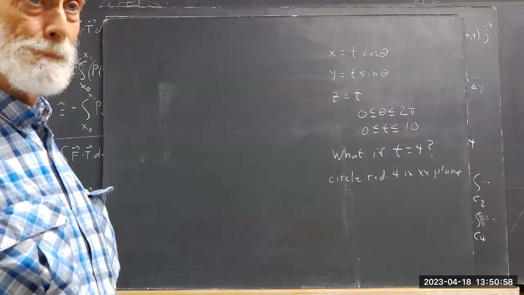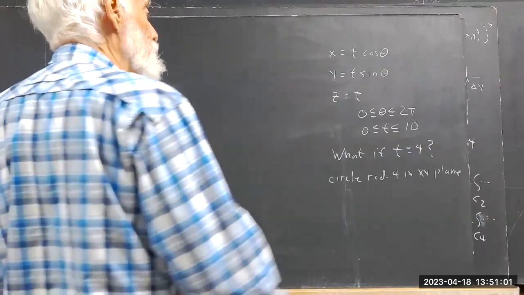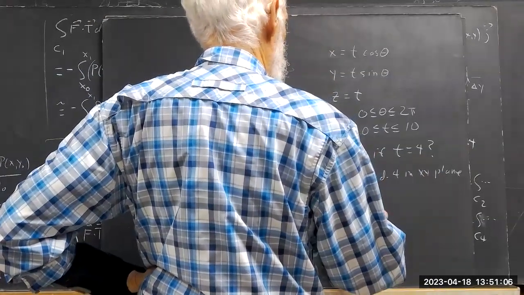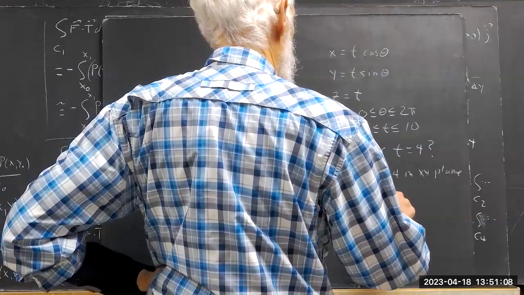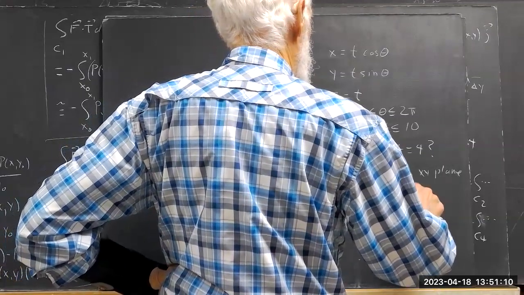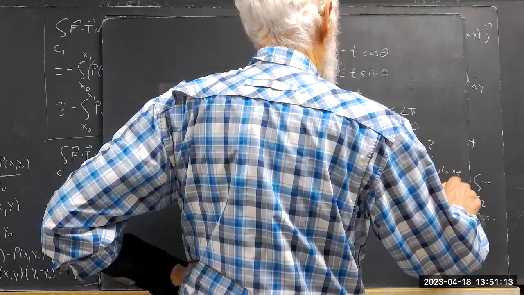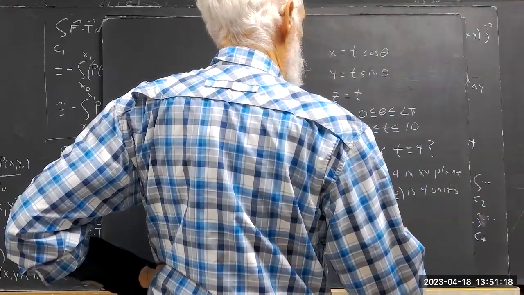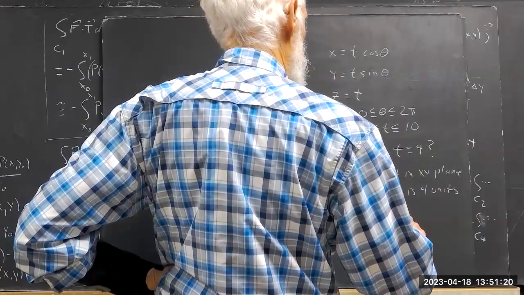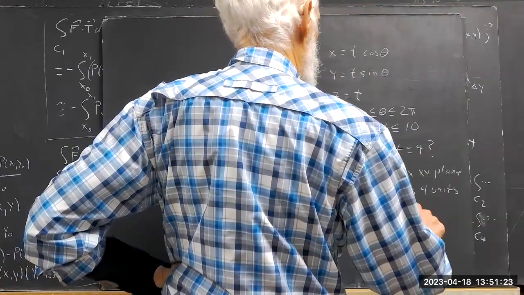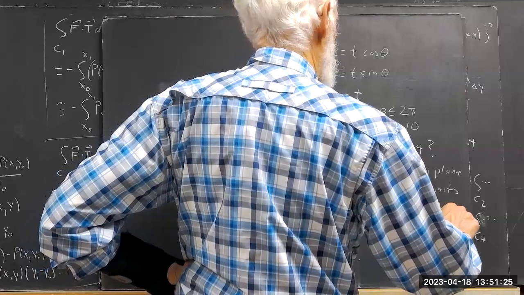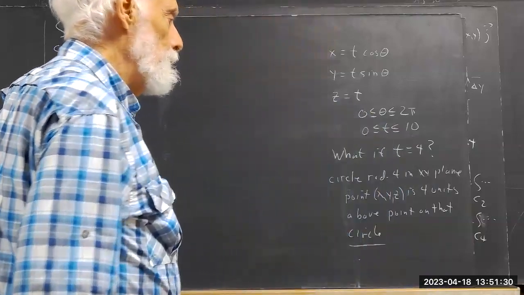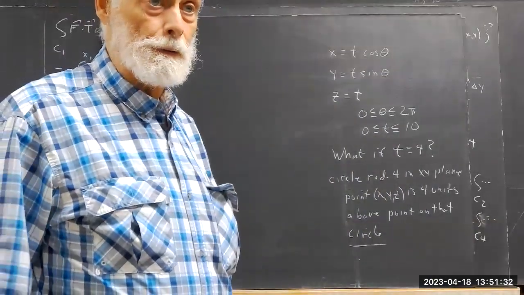You've got a circle of radius 4 in the XY plane, and the point x, y, z is 4 units above the point on that circle.